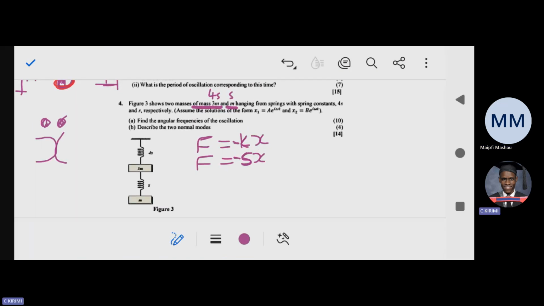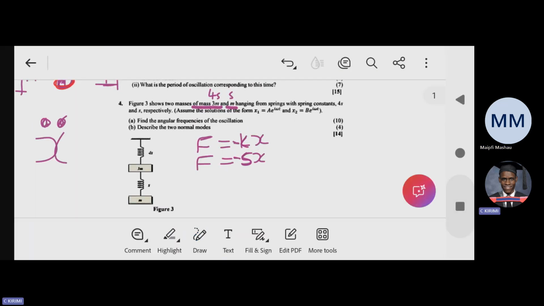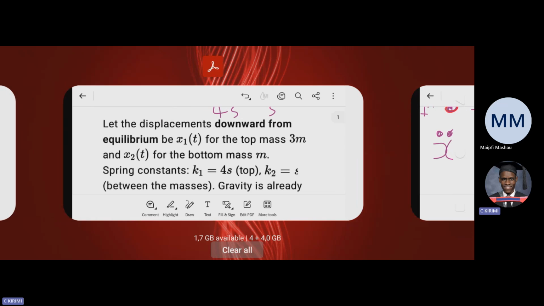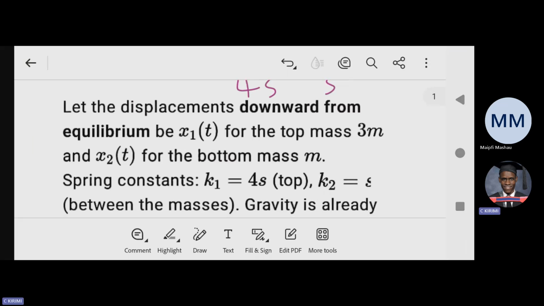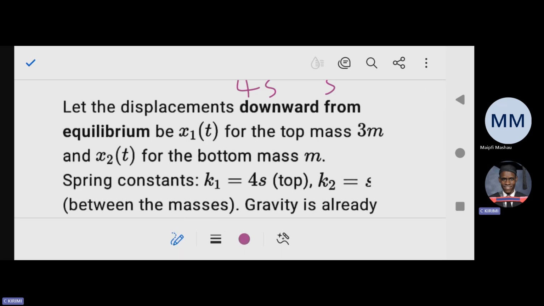We must master these while doing this problem so that we are on the same page. The first function we were given as a solution we label x1, and the second one x2.